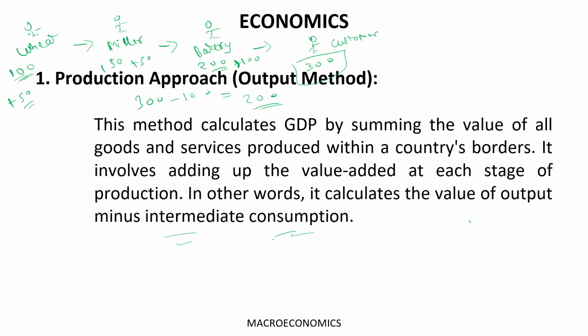That is intermediate consumption, because it is supposed to come from the field and reach the customer. But in between, at the miller or bakery stage, it got consumed by them only. Then in this scenario, this value will not be added. Only the final value, which is 300, will be added while calculating the GDP.